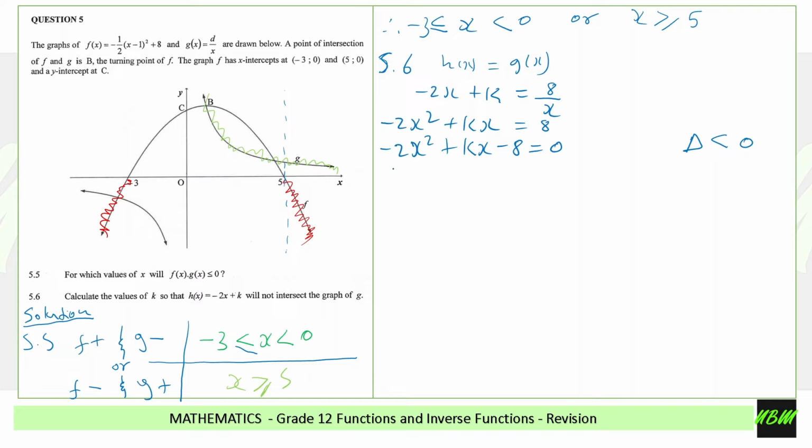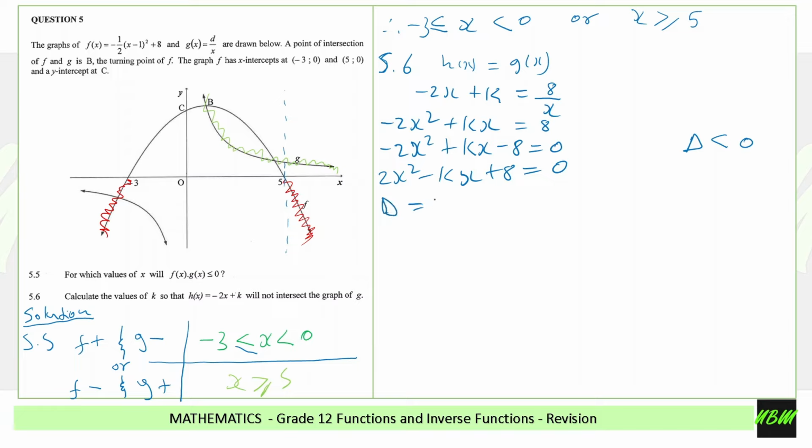minus 1. I always prefer to have my coefficient of x squared in an equation being positive. 2x squared minus kx plus 8 is equal to 0. So now, what is the discriminant?